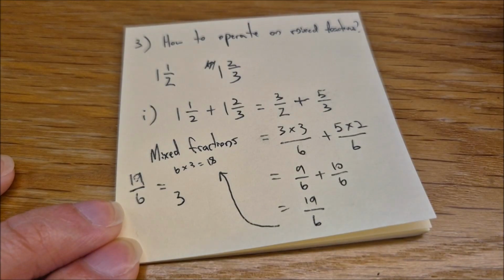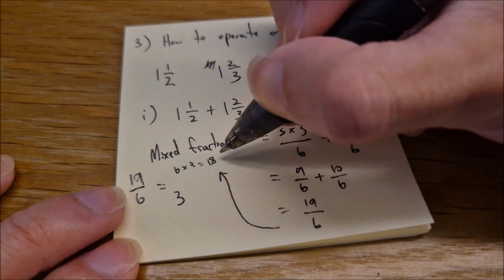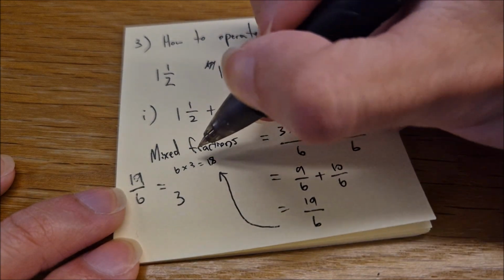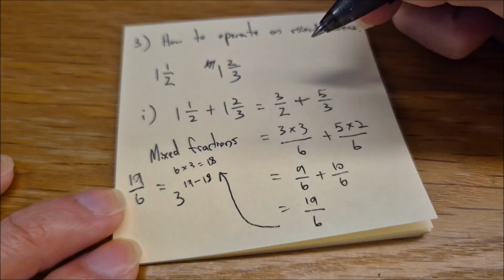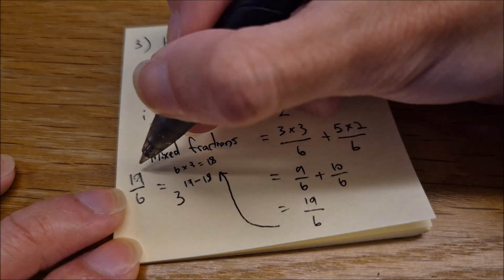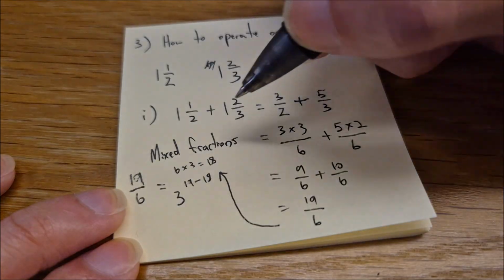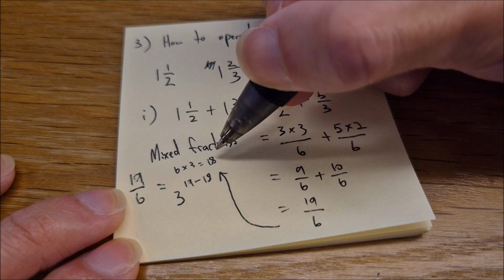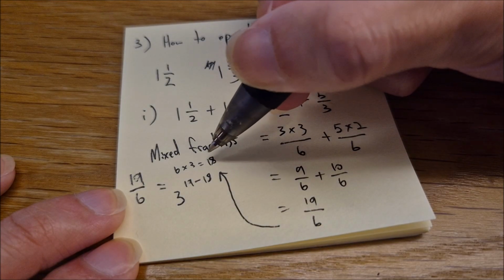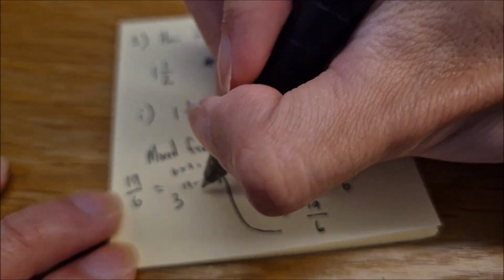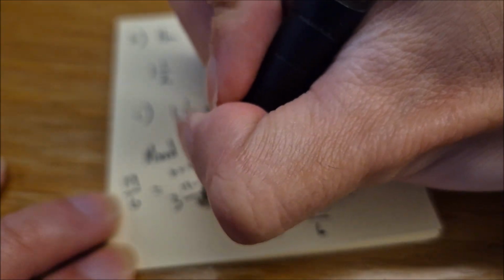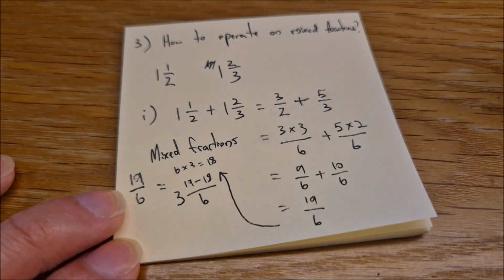And so we know the whole number will be 3. And then the remainder would be 19 minus 18, right? Because the numerator was 19. And 6 goes into 19 3 times, which gives us 18. And the denominator will stay the same.